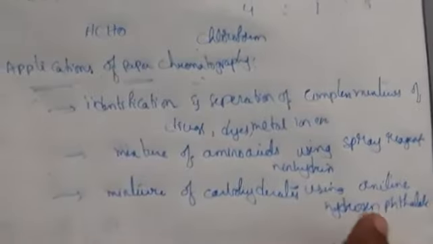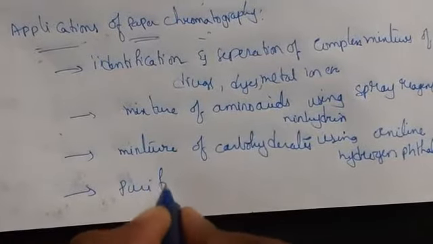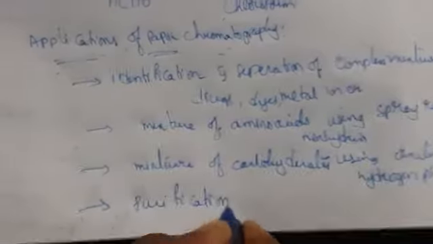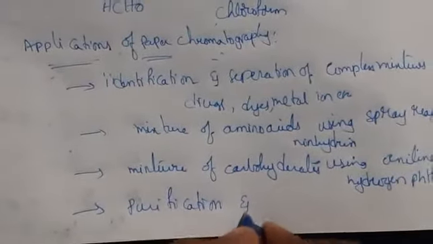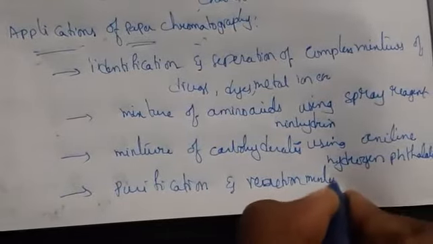And also it is used for purification processes, and also for reaction mixtures. So these are the applications of paper chromatography. What is the first one?